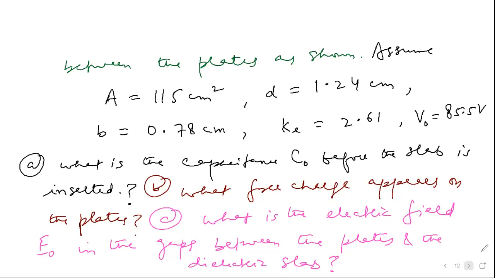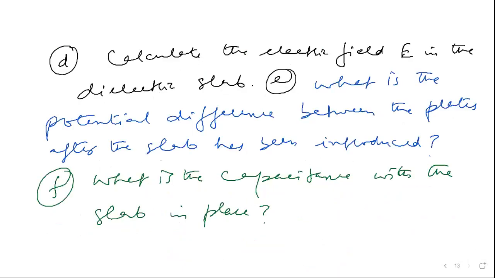Then I have part D, calculate the electric field E in the dielectric slab. Part E says what is the potential difference between the plates after the slab has been introduced. And part F, what is the capacitance with the slab in place.